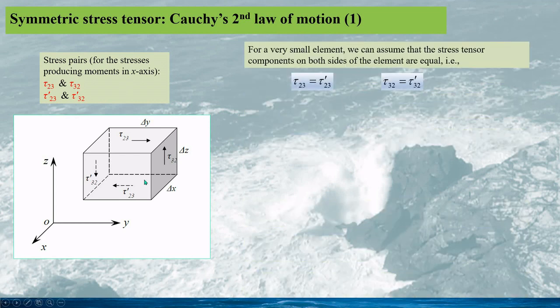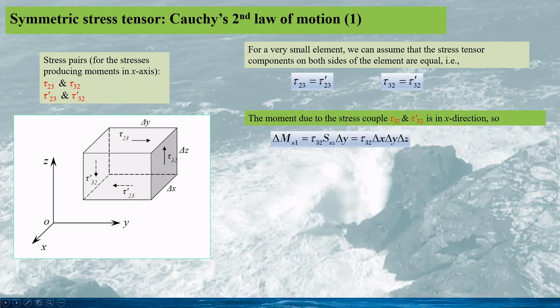If the element is very small, the stress tensor components on both sides are equal. For instance, tau 23 equals tau prime 23, tau 32 equals tau prime 32. The moment due to the stress couple tau 32 and tau prime 32 is in the x direction, so delta m x1 equals this.